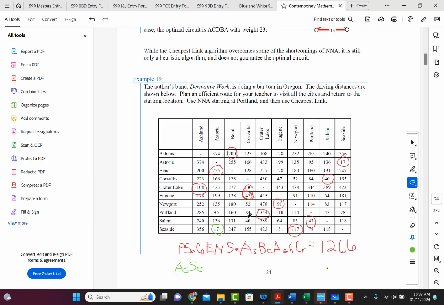Yeah, 40, so from Salem to Corvallis. Okay, so let's add that one. And now the next highest one is going to be 47.